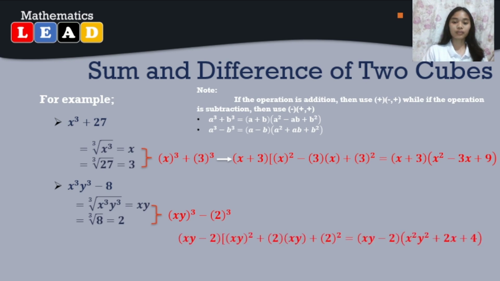We transform this into xy minus 2 times the quantity of xy raised to 2 plus 2 times xy plus 2 raised to 2. And our answer will be xy minus 2 times the quantity of x squared y squared plus 2xy plus 4. And here is our equation.